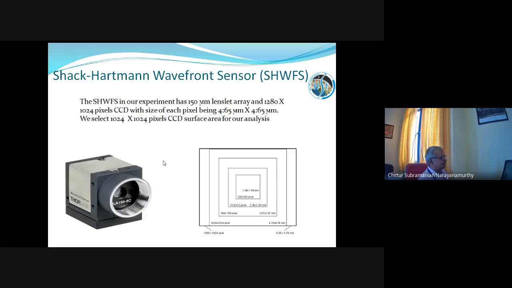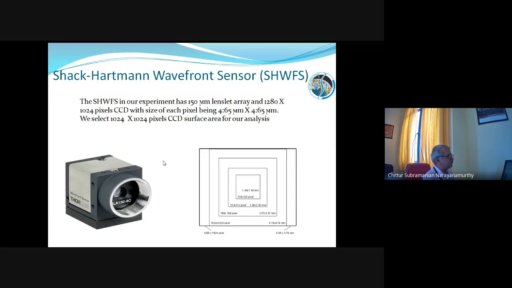Now, how do we measure that? We can use a Shack-Hartmann wavefront sensor, and our experiment has a lenslet array of about 150 micrometer focal length. A Shack-Hartmann wavefront sensor consists of n lenses along one side and n along the other, like a matrix.